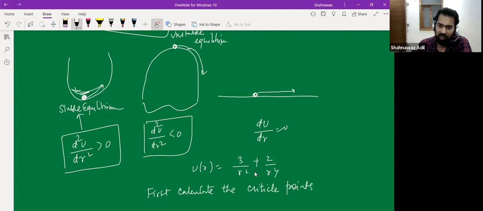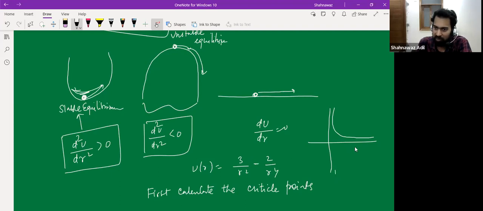Let's see what the graph of 1 over r square is. 1 over r square goes like this. And for 1 over r4, let me take a minus sign here, so minus of 1 over r4.